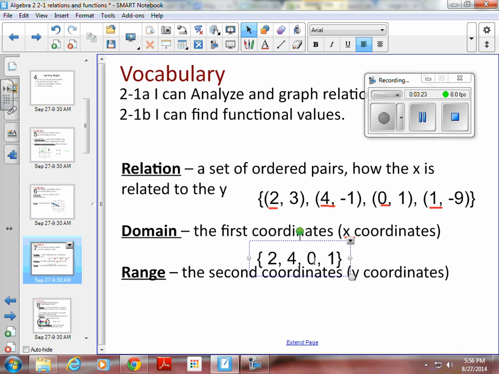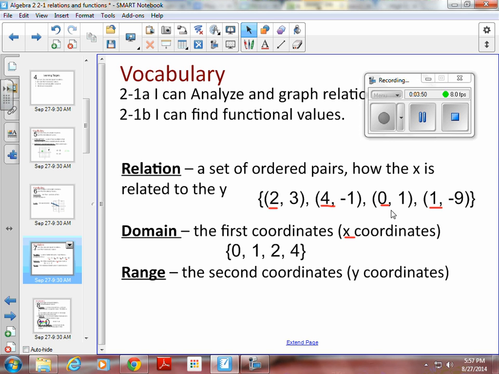But we normally write them in order from smallest to greatest. So this 2 actually belongs over here, and this 4 actually belongs over there. Put it back in where it belongs, and clean that up. Okay, so that is my domain.